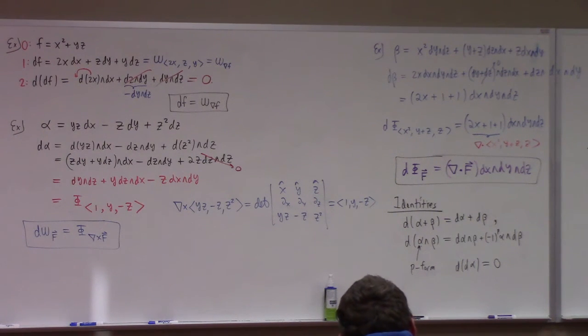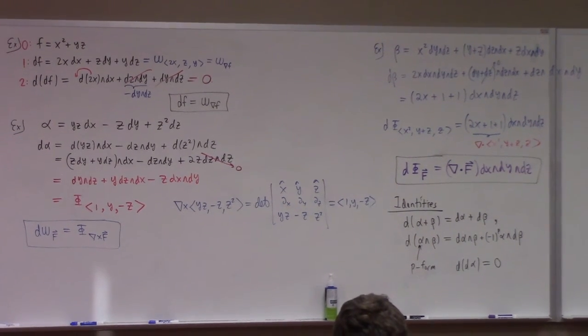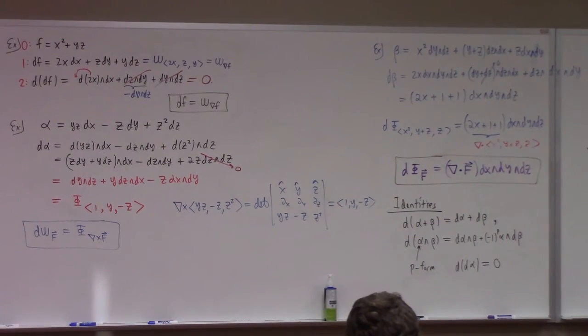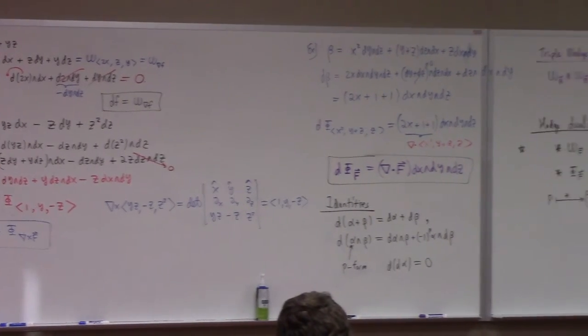It's kind of fun to just stop and appreciate what this d squared equal to 0 means to us in terms of vector calculus. So let's just stop and smell the roses here for a second. d squared equal to 0. So what happens if you look at d of d omega f?